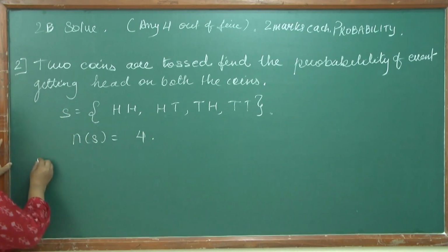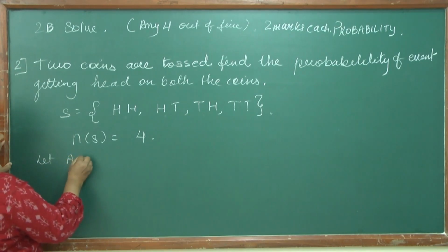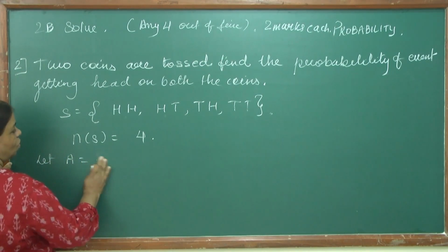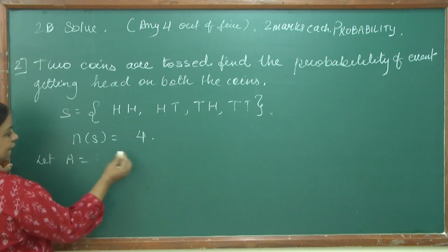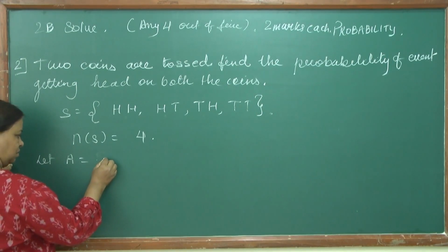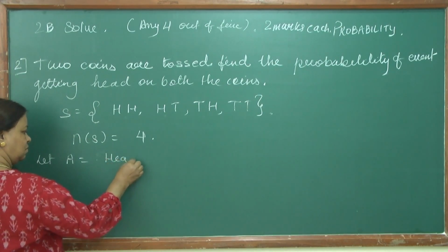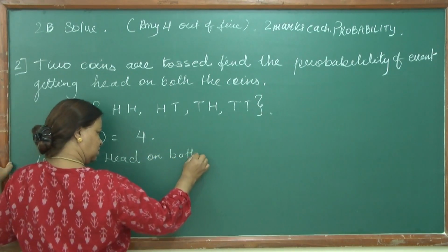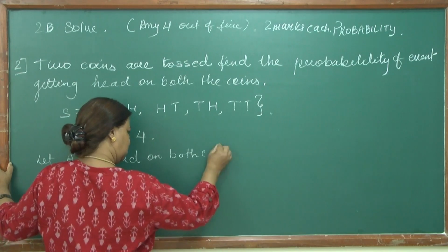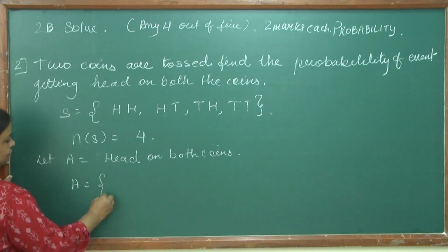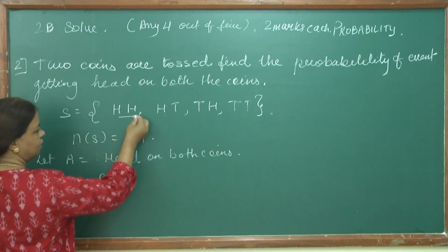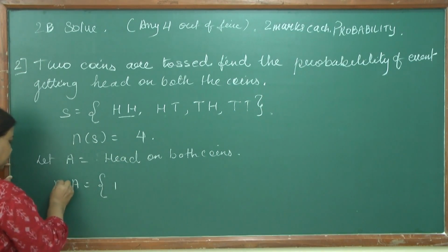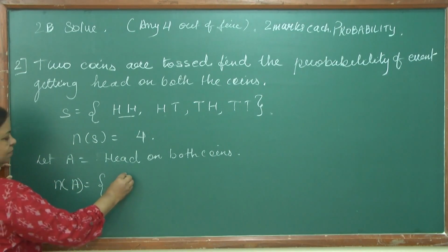Let A be the event of getting heads on both coins. So A is equal to only one, the number of elements in A will be only 1.